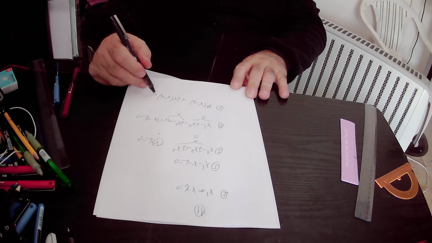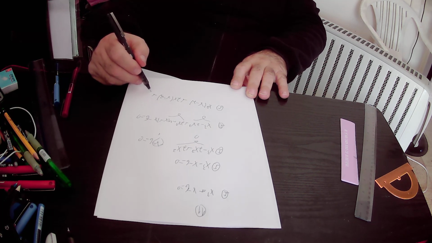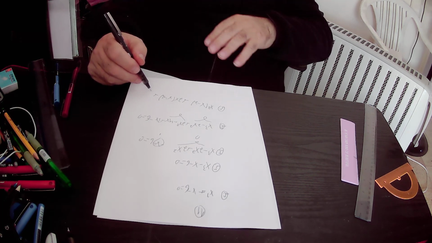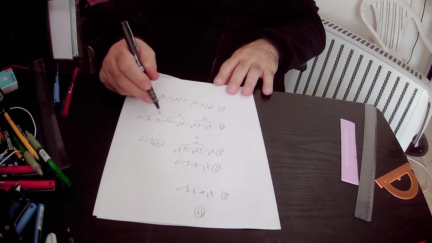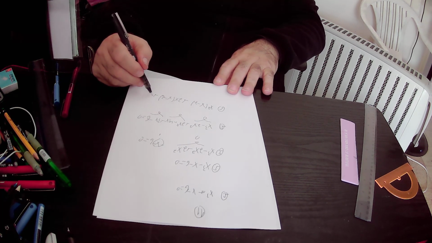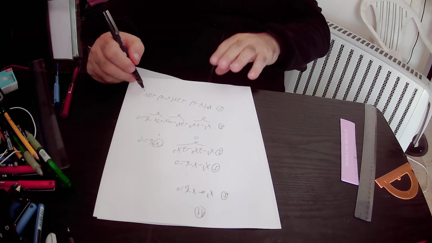Okay, and we will take from those two expressions a common factor of 3, and inside the brackets here we will have x minus 2.